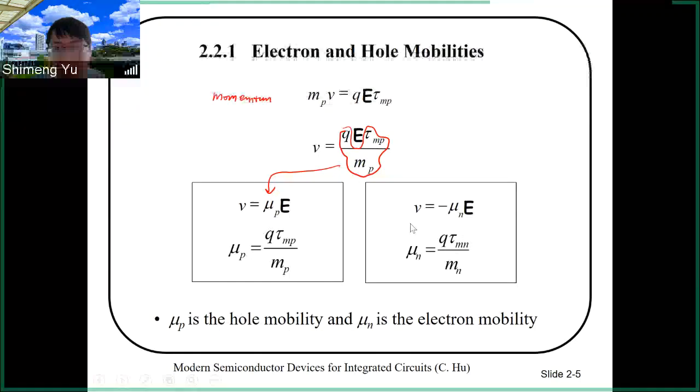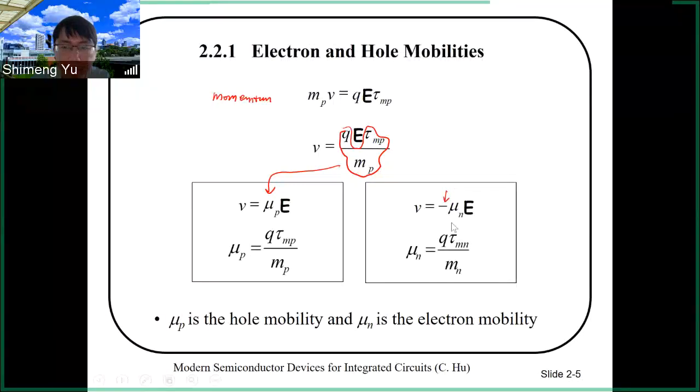Similarly, we can derive this for the electron, and actually we have done that in lecture 2 for the electron. So the velocity is again proportional to the electric field, but here we have a negative sign because the electron moves in the opposite direction of the electric field.